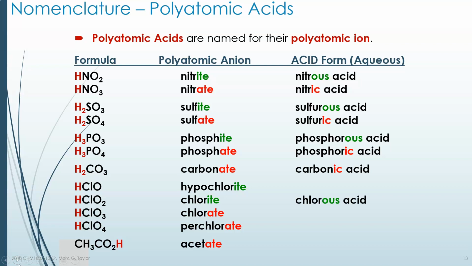So we have chlorous acid and chloric acid, but we also have hypochlorous acid and perchloric acid. Perchloric acid is another strong acid, so is chloric acid. You can actually buy bottles of perchloric acid as well. In fact, all the strong ones I mentioned, nitric, sulfuric, phosphoric, and chloric and perchloric, can all be purchased from chemical supply stores. The last one is acetic acid.